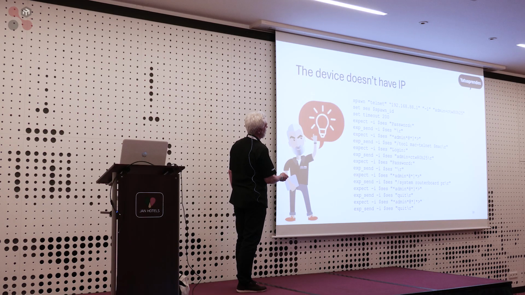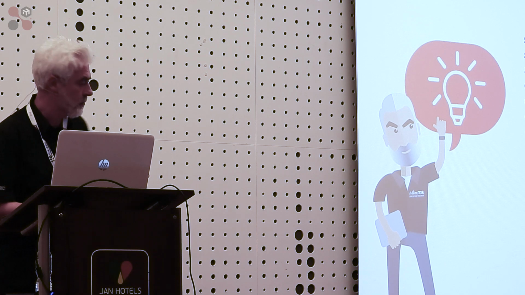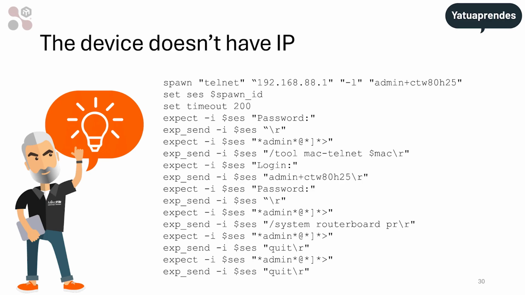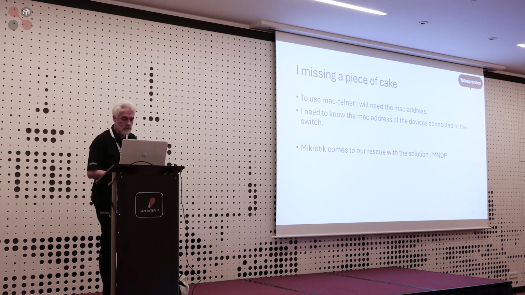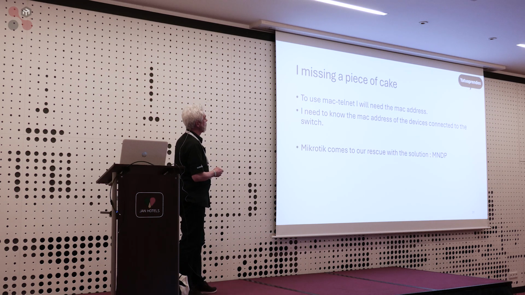Then I launch the MAC telnet tool with the MAC address of the target device with the login and password, and then we get the information from our target device with our IP. As it's a proprietary MikroTik implementation, this works every time. For now, we're talking about this. And I'm not relying on third-party implementations.